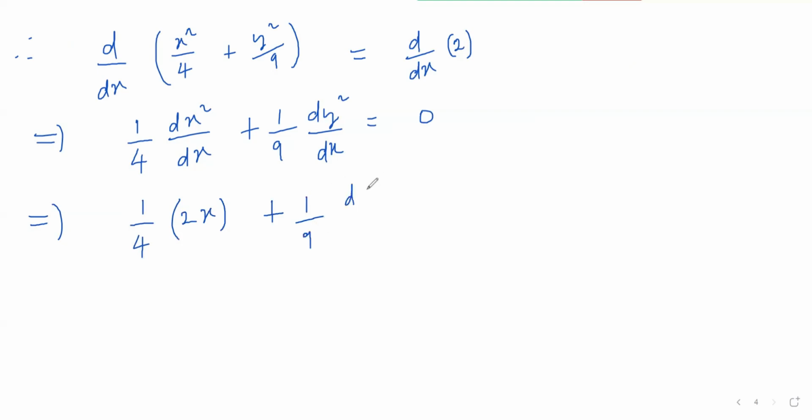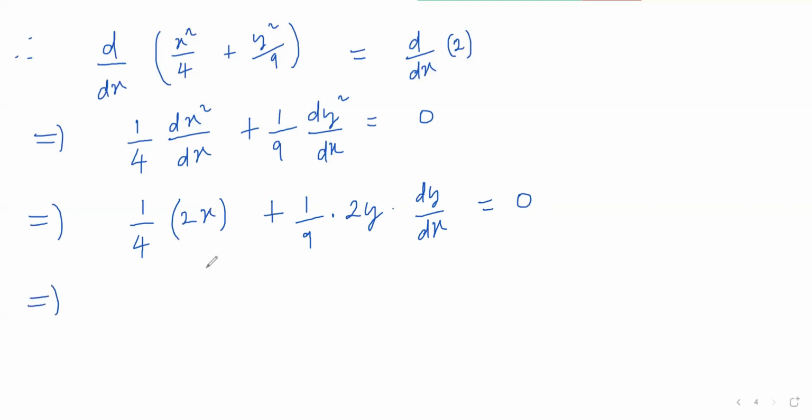multiplied by the following. So over here, we have the derivative of y squared with respect to x. So we obviously have to apply the power rule of differentiation. So this is 1 over 9 multiplied by 2 multiplied by y multiplied by the derivative of y with respect to x. So we apply the power rule of differentiation to that.